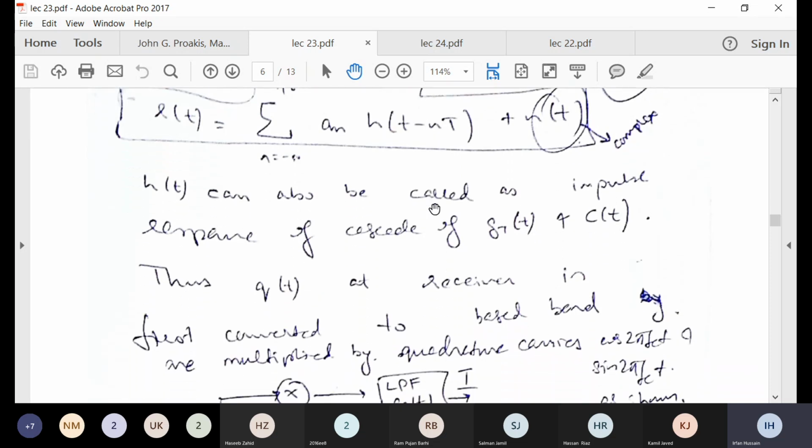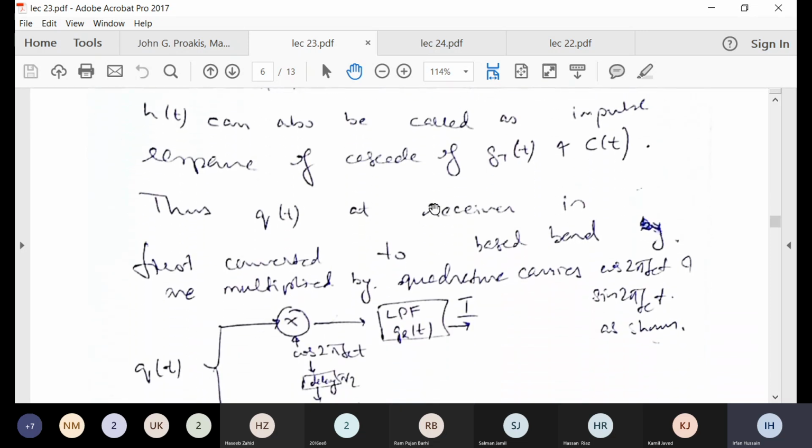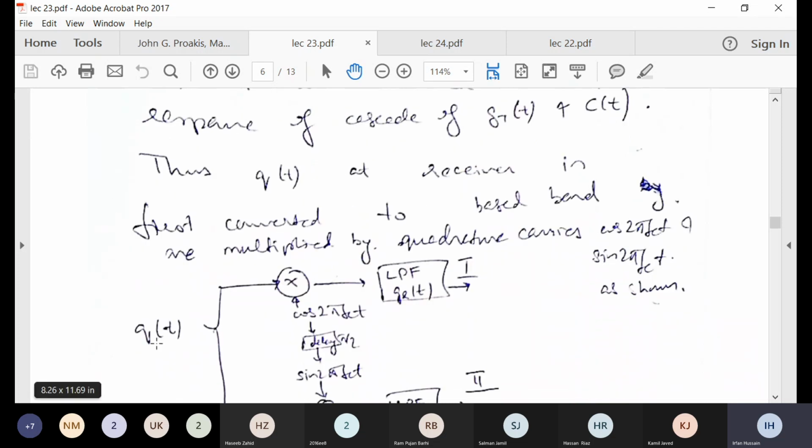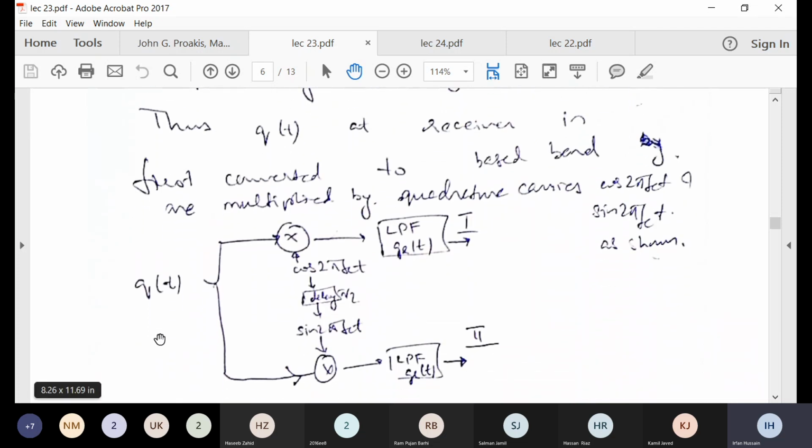But just to get an idea of what actually happens at the receiver, right? Now at the receiver we have Q(t). Q(t) is a high pass signal, okay? So what happens? You pass Q(t) with respect to cos, with respect to sine. Again, this diagram has already been studied in chapter 3 when we saw the usage of orthogonal carriers, cosine and sine, to send two signals over the same bandwidth, okay, but they will not interfere because cos and sine were orthogonal.